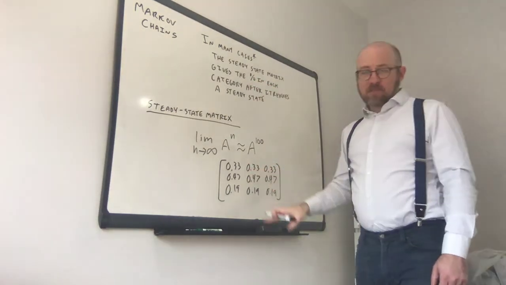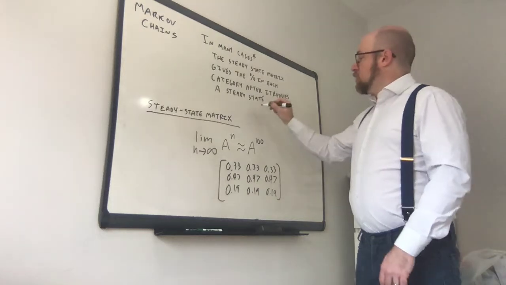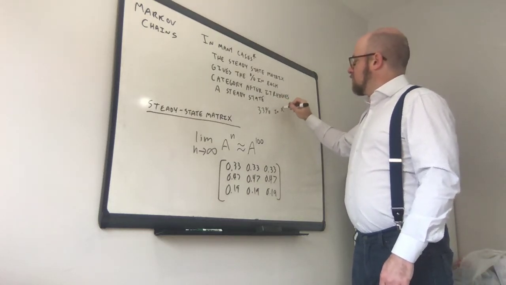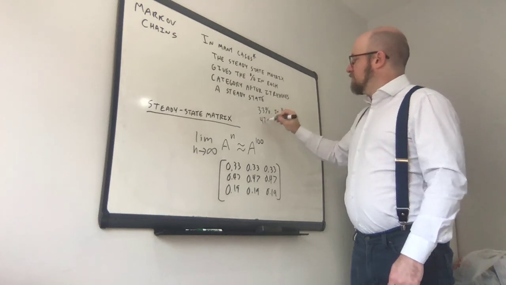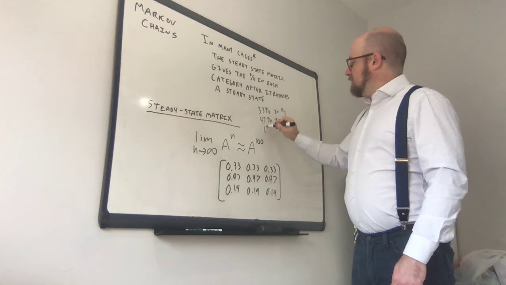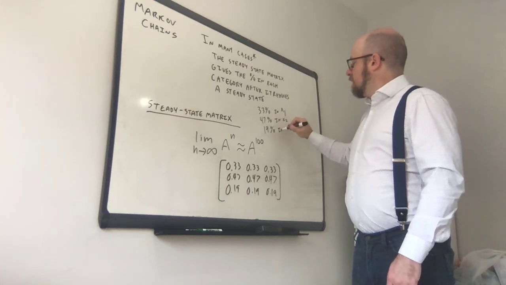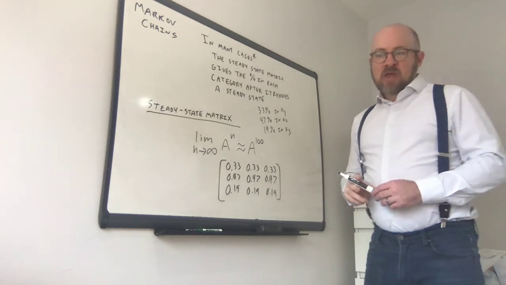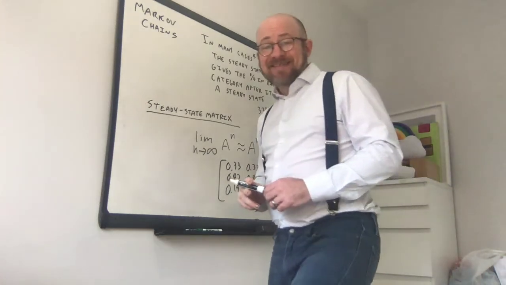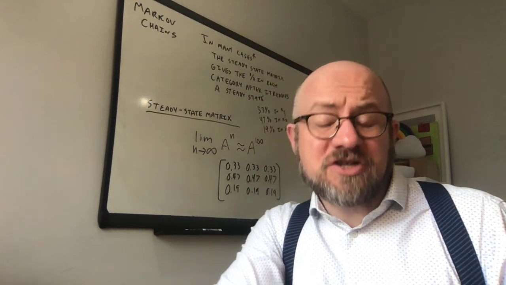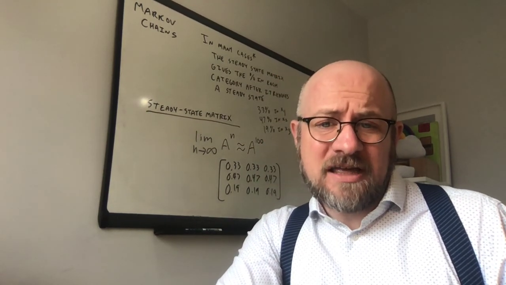So if you ran this model long enough, you would end up with 33% in x1, 47% in x2, and 19% in x3. Okay? So that's in most cases. We're going to talk about the interesting case, which is what's called an absorbing Markov chain, next.